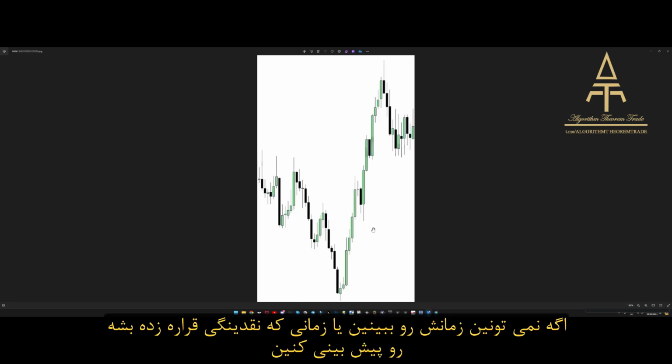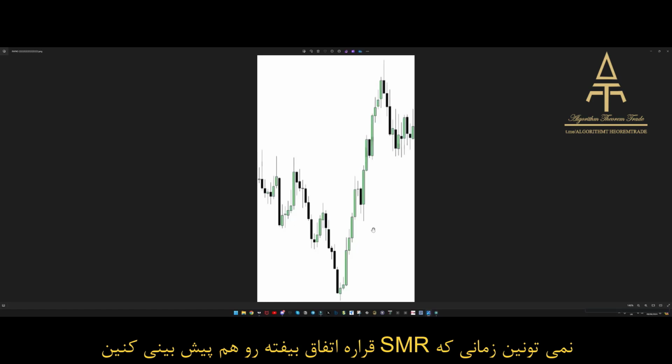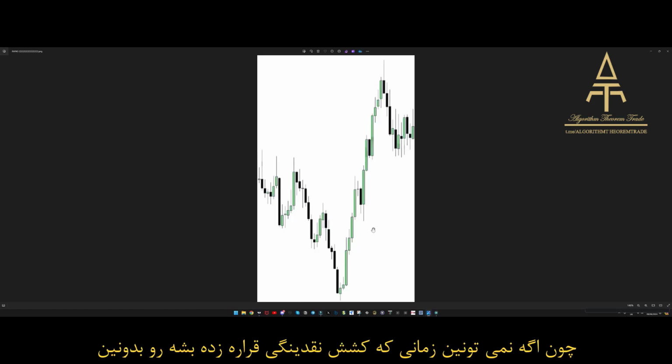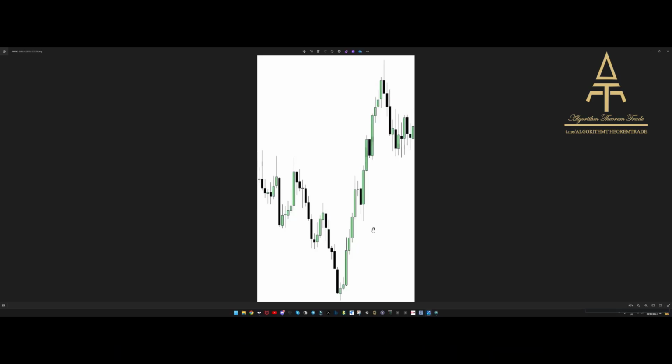If you can't predict a time when the liquidity is going to get hit, you can't tell the time that an SMR is going to occur. Because if you can't tell when a draw on liquidity is going to get hit, what happens after that? You either get a continuation or an SMR. It's always one of those two. That's what people need to understand.